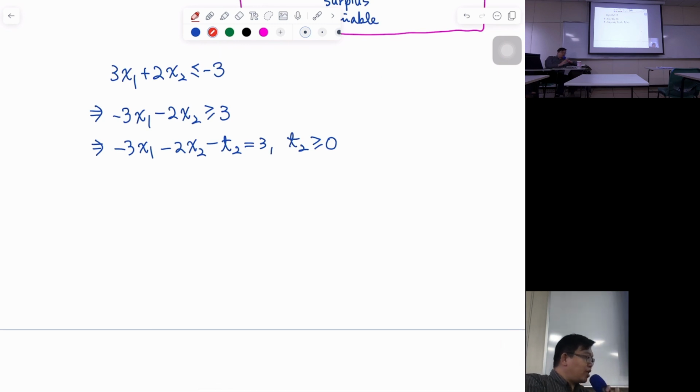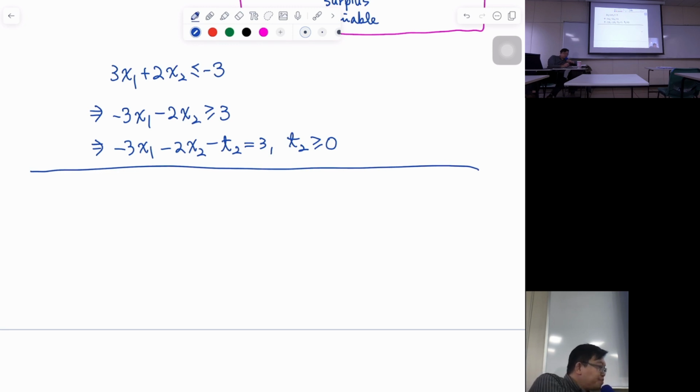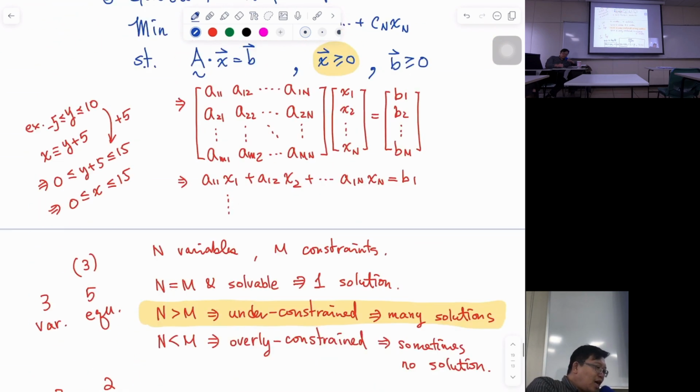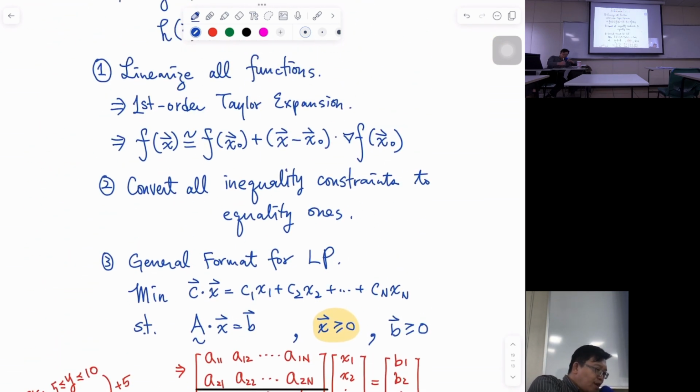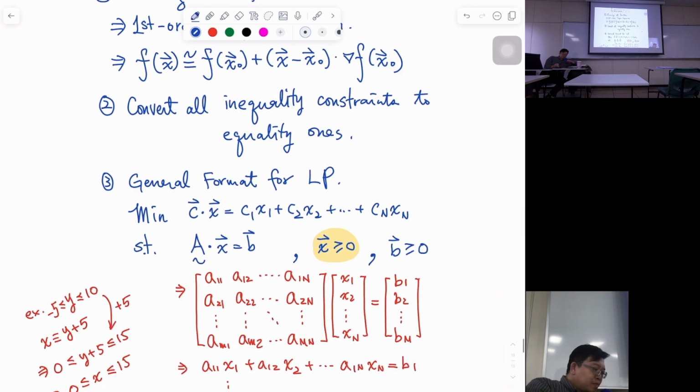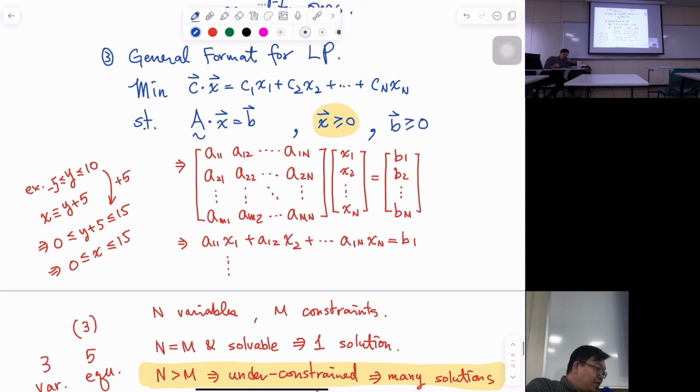So let's now assume you already have the standard format. Now we have to figure out what we can do. So I'm going to define certain things. You might not understand what's going on, but you just need to follow what I introduced, and later on you will know why. Now I would like to write down the standard format again.